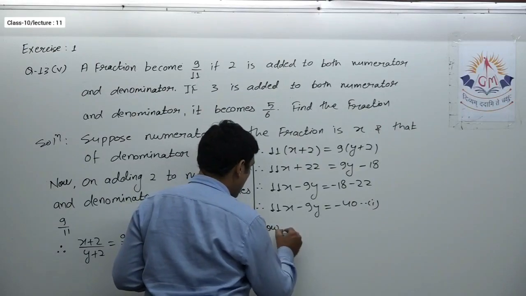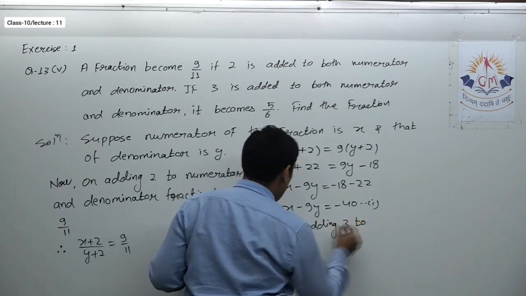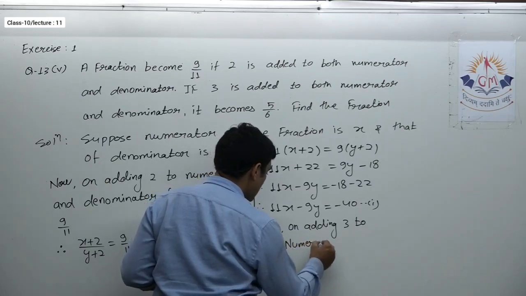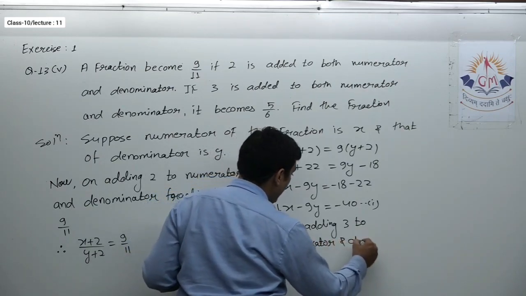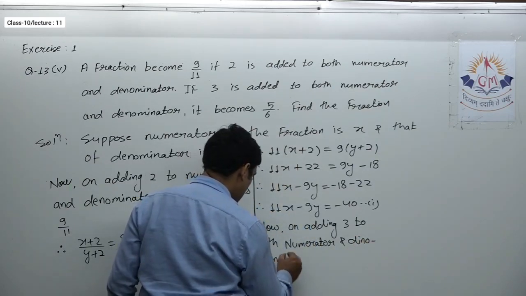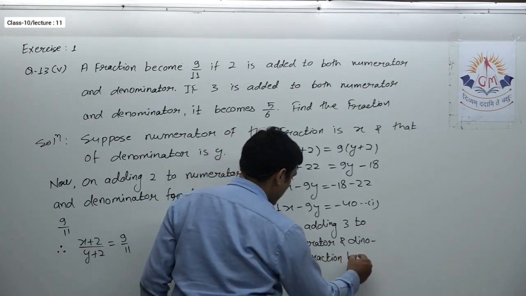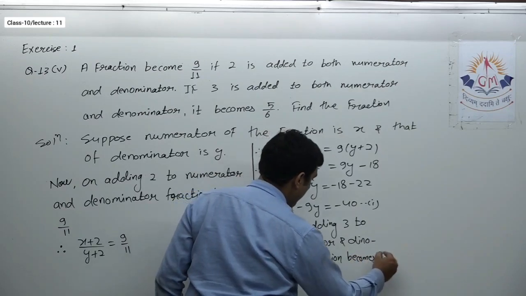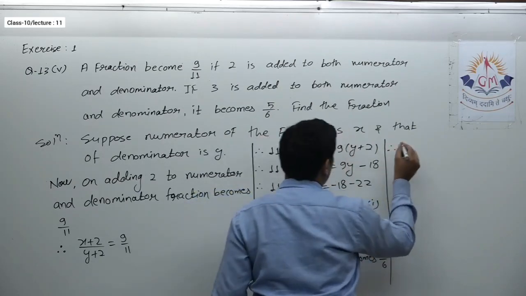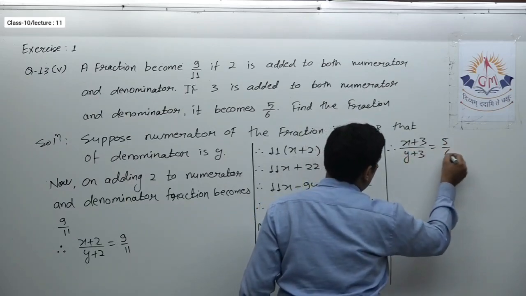So now on adding 3 to both numerator and denominator, fraction becomes 5 by 6. Therefore, (x plus 3) upon (y plus 3) is equal to 5 by 6.